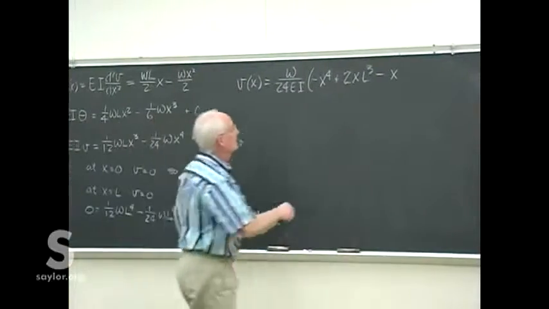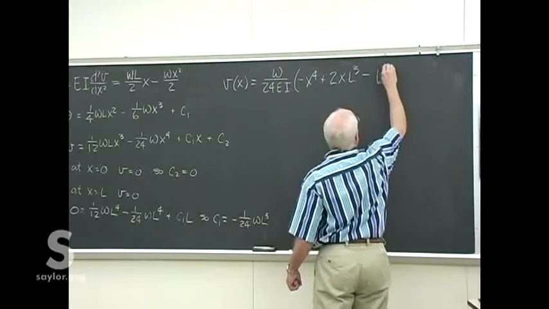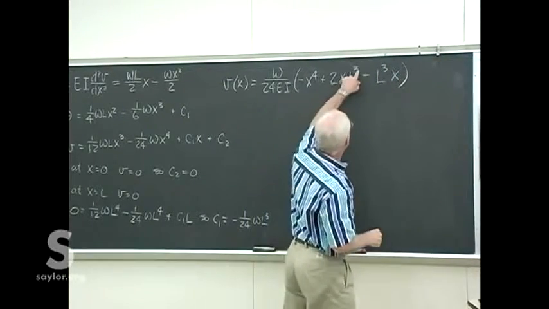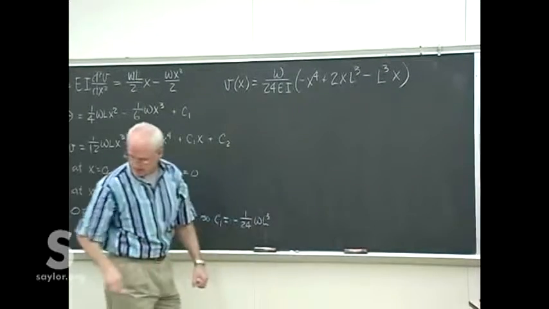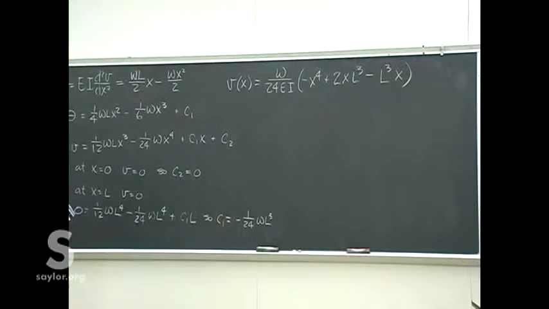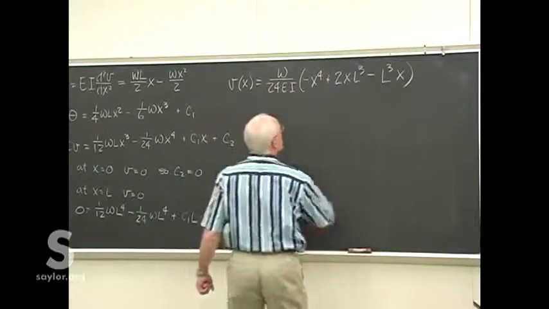No, L cubed x. There we go. Let's see, length to the fourth, length to the fourth, length to the fourth, we're okay. So we can at least check that. We can't check the minus signs any other way than being careful. The second one should be 2x cubed L. 2Lx cubed, yeah, I switched those.